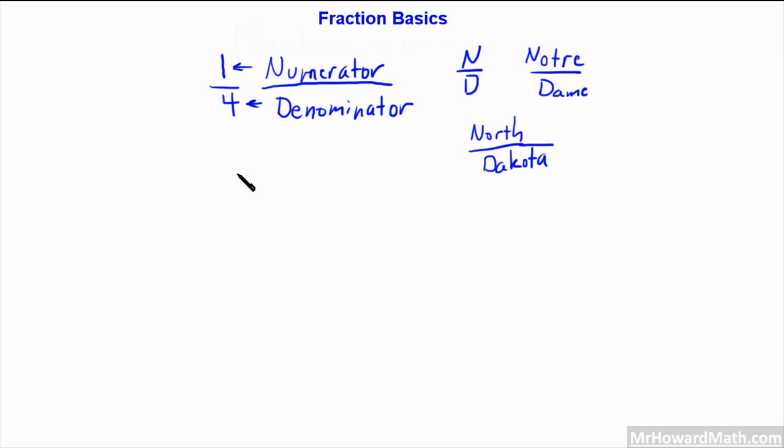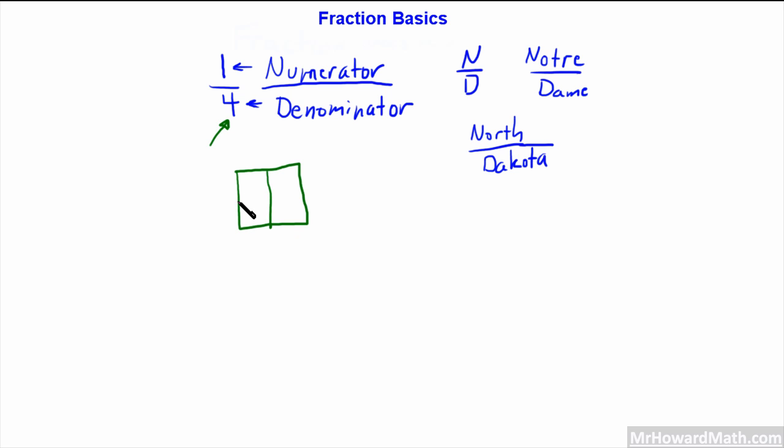So I'll do my best to draw a square here. Since we're discussing 1/4, let's look at the denominator first. This whole thing that we're talking about could be a birthday cake, a page, or whatever. But the denominator, the lower number, always is the number of pieces it's broken into.